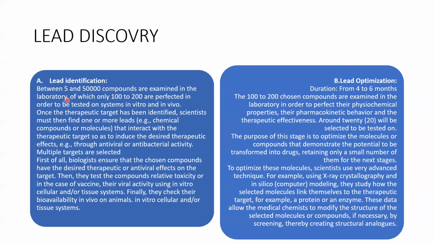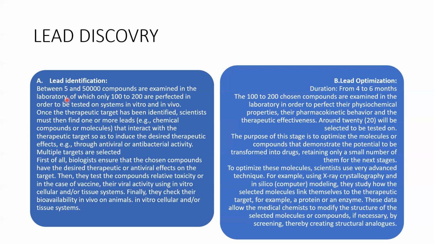They test the compounds for toxicity. In the case of a vaccine, the viral activity is also measured using in vitro, cellular, or tissue models. Finally, they check the bioavailability in vivo in animals. These data are very important for drug licensing.